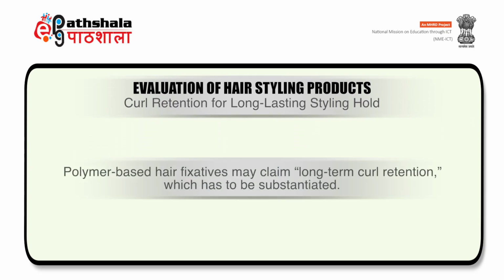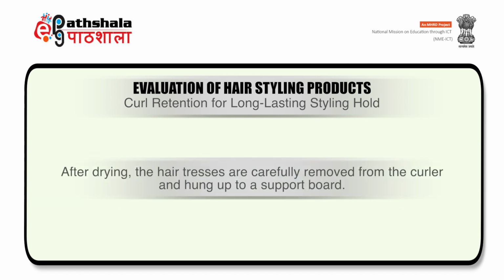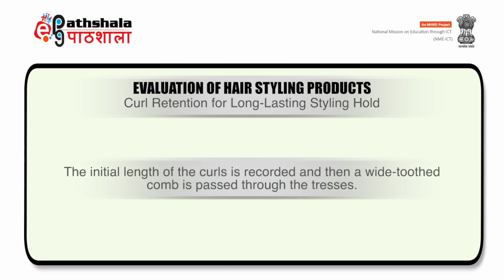Next test is the curl retention for long lasting styling hold. The polymer based hair fixative may claim long term curl retention, which has to be substantiated. The test generally used is called the curl snap test. In this test, the hair fixative is applied to the hair traces, which are then wrapped onto curlers and allowed to dry. After drying, the hair traces are carefully removed from the curler and hung up on a support board. The initial length of the curls is recorded and then a wide toothed comb is passed through the traces.